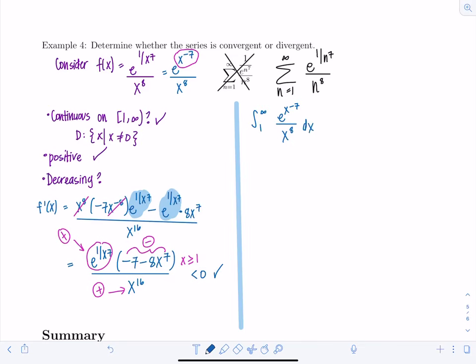Good. So this is an improper integral. I'm going to rewrite this now as the limit as t approaches infinity of the integral from 1 to t. And then the denominator, I'm going to write it as x to the negative 8th and then e to the x to the negative 7th dx. Ooh, no negative there. All right.